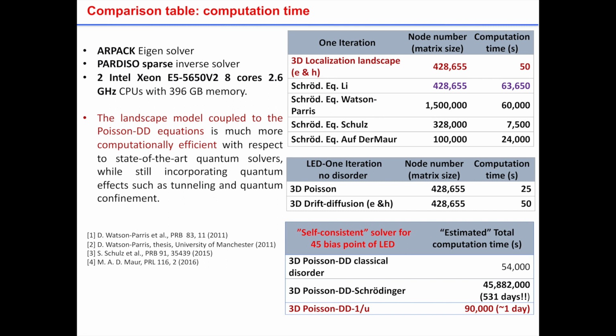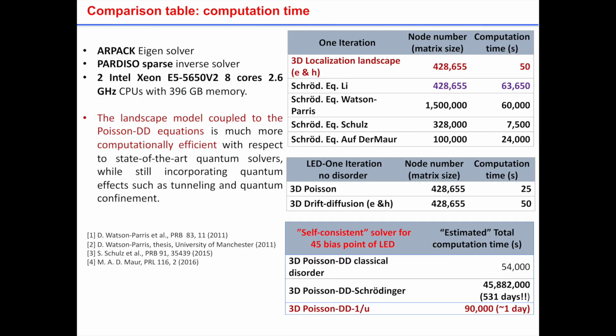Now, if you want to compute a full LED, which means you have to make many iterations, 45 bias points and self-consistent, I told you 10 to 15 iterations, you have to multiply all those numbers by 45 and times 10 to 15, which means that when you do a computation of an LED with the landscape, it takes 1 day.